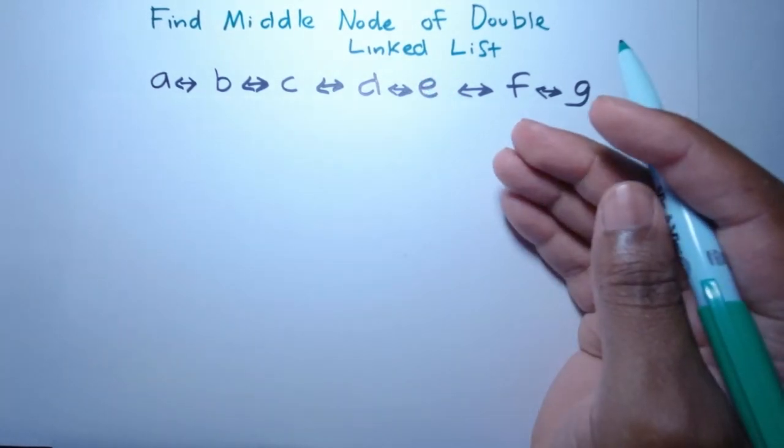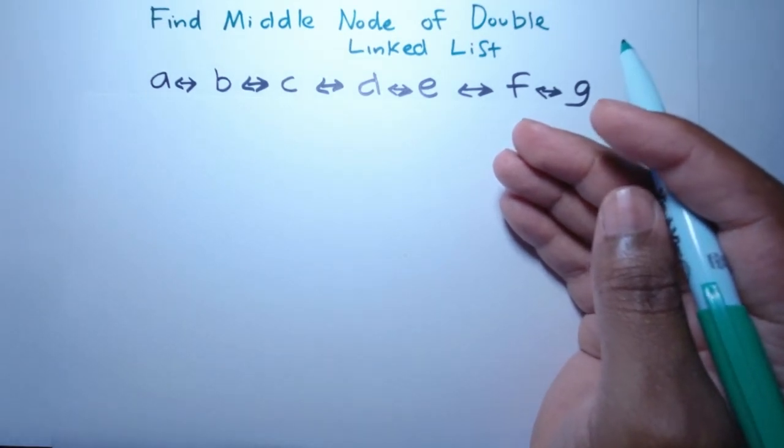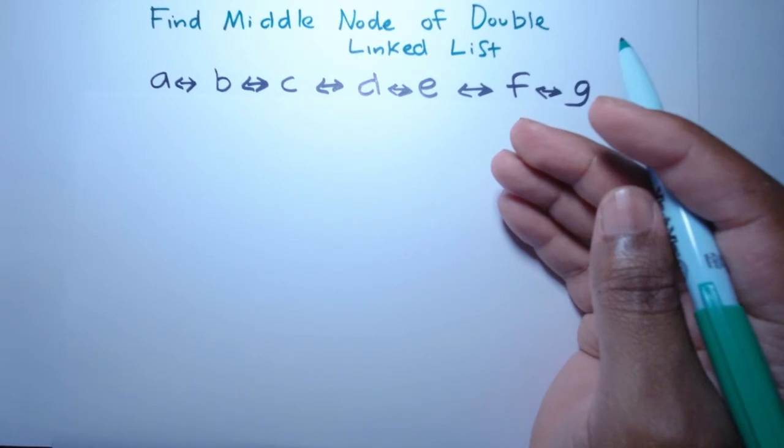Now, we're being asked to find the middle node. As mentioned before, we have 3 different approaches. The first approach is brute force. And I think that out of all 3 approaches, this is the most intuitive.